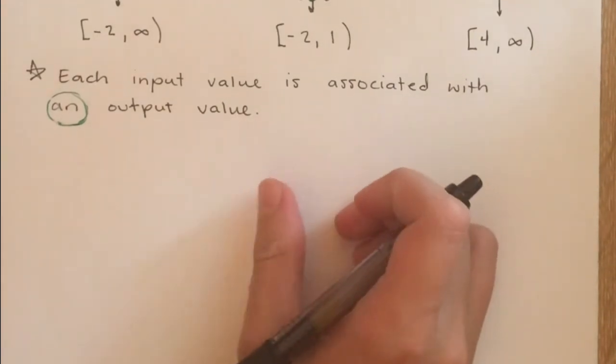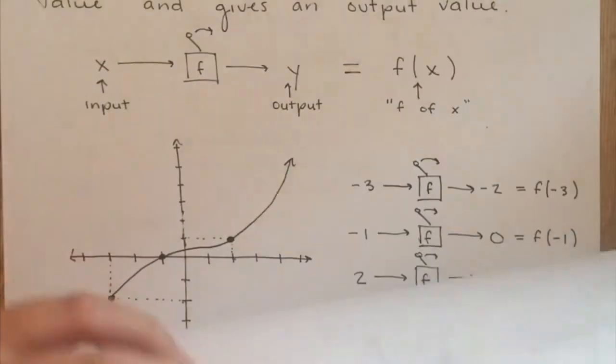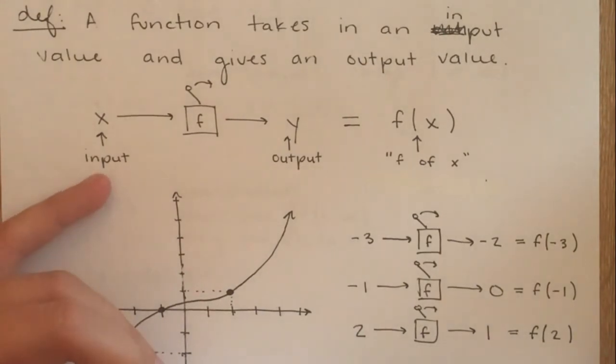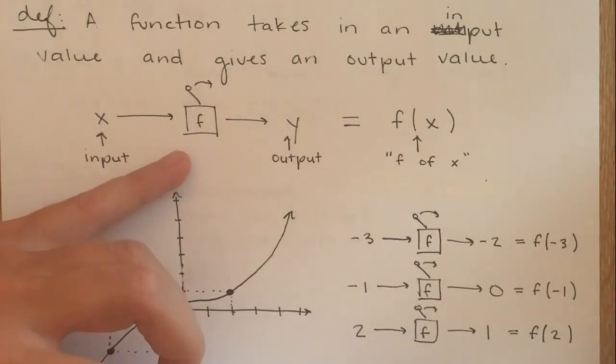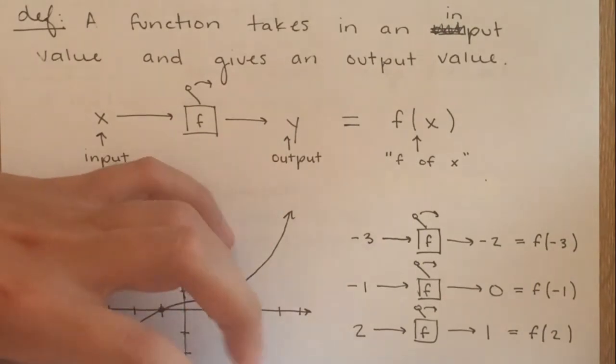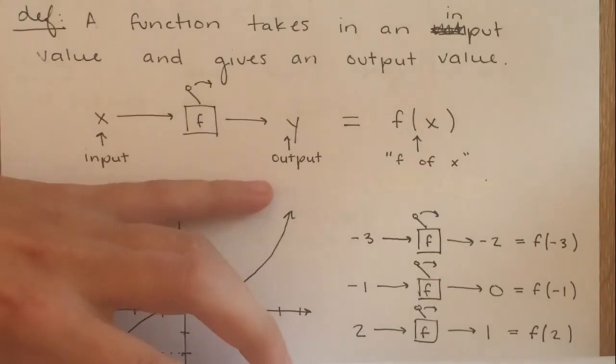If I'm looking at this representation of what a function is, whatever x I'm putting into my function is going to give me one y value. It's not going to fork off and give me 2 y values. It's going to give me 1 y value.